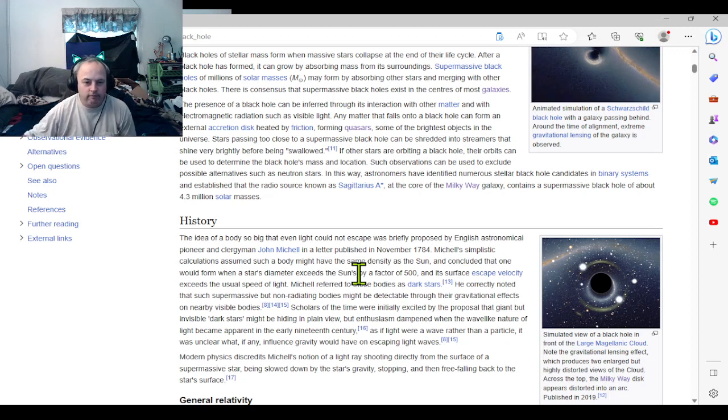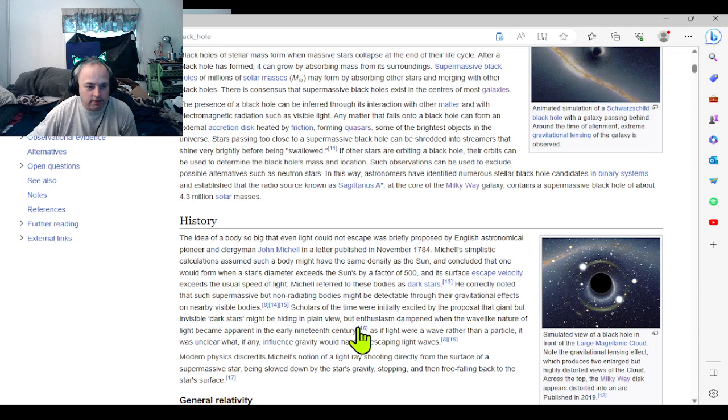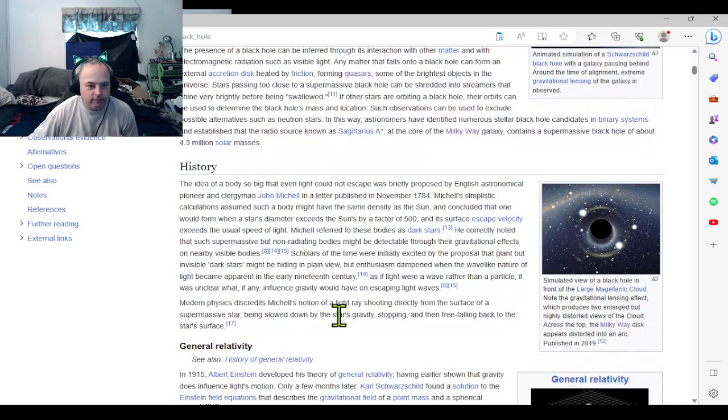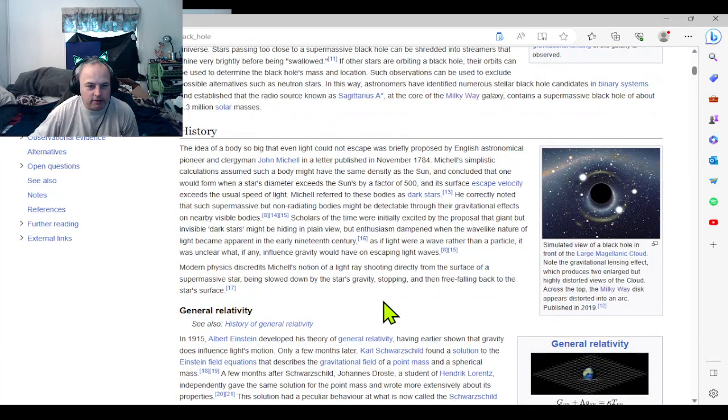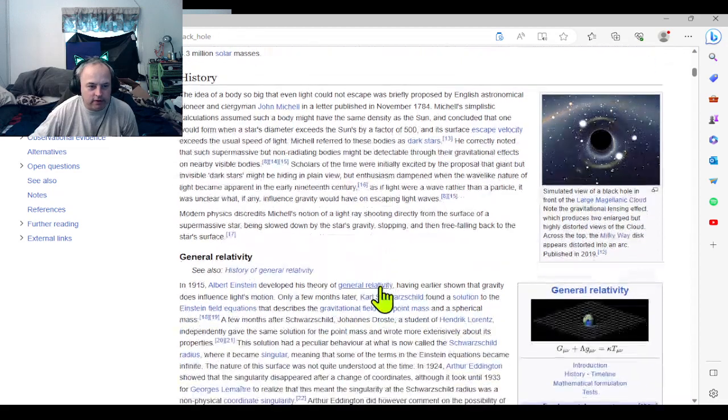So he correctly noted that such supermassive bodies would be non-radiating, dark stars.